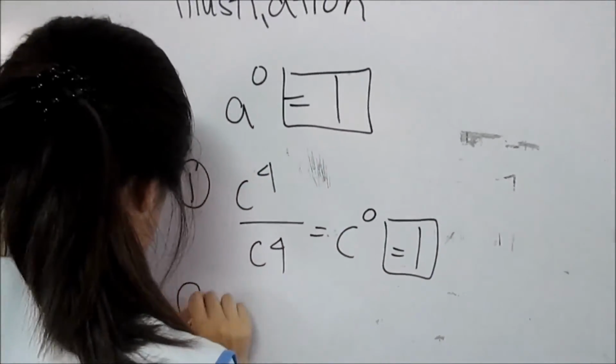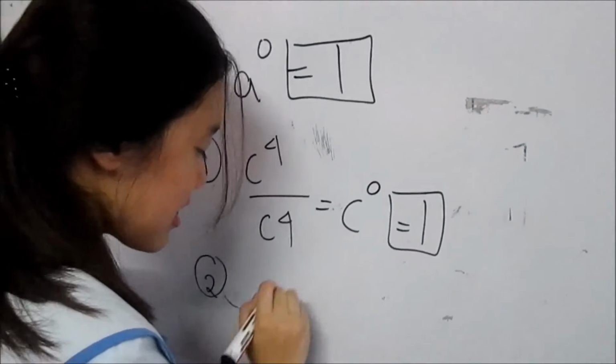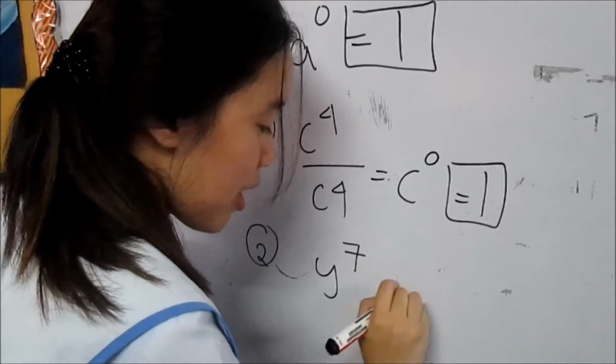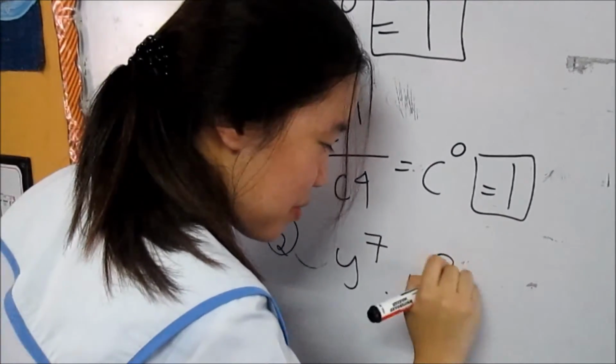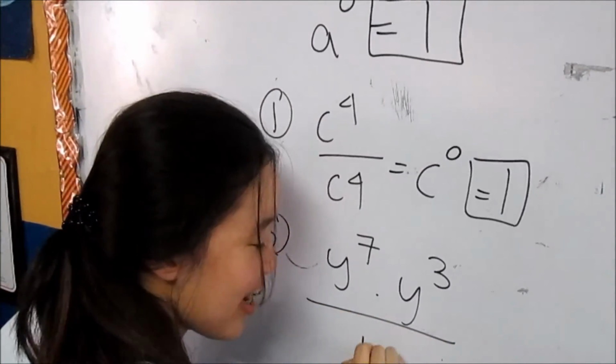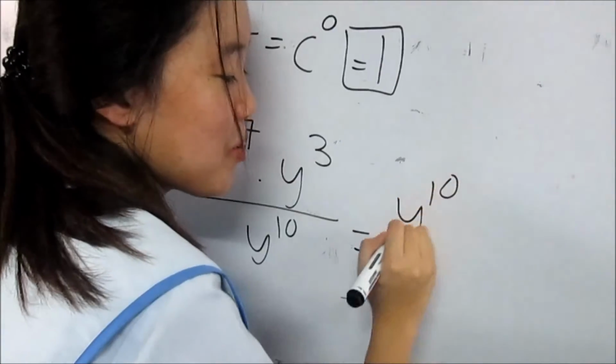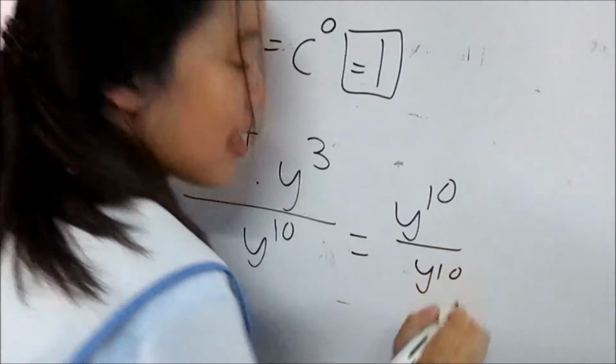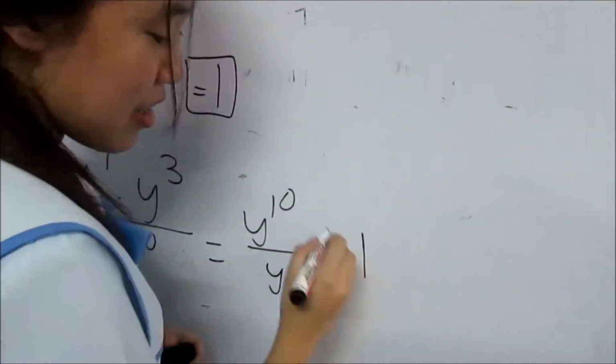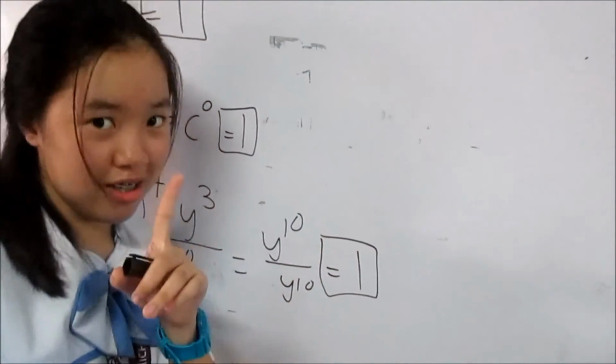Number 2. y to the 7th times y cubed over y raised to 10 is equal to y to the 10th over y to the 10th. The answer will still be 1.